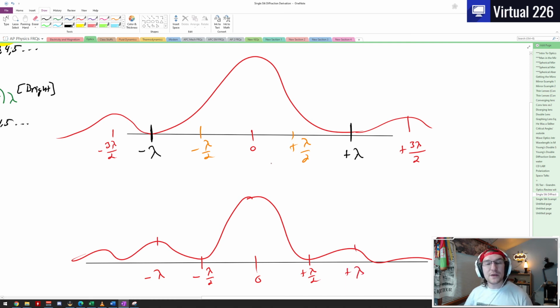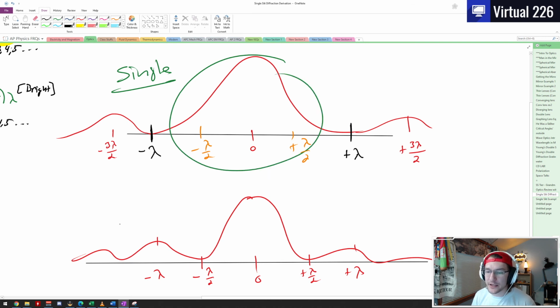Okay, so with a single slit, our central maxima, our central peak here, is actually going to be larger. It's going to be wider. It's going to be broader than the double slit.